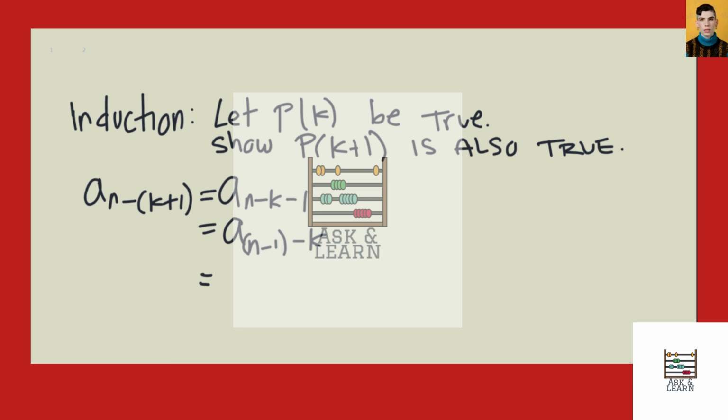All right, and then since P of k is true, this is going to be equal to some function written as a sub n minus 1, and the backwards difference of a sub n minus 1, all the way up to the backwards difference to the k power of a sub n minus 1.